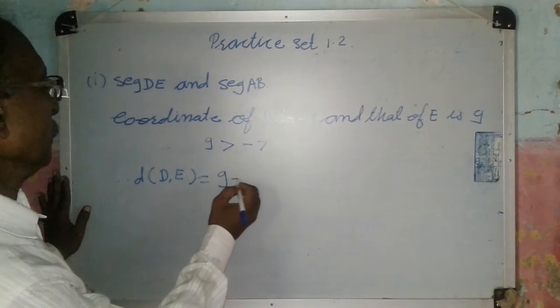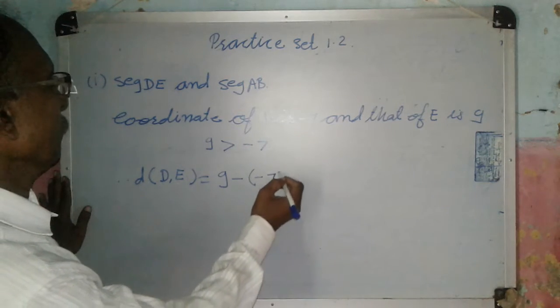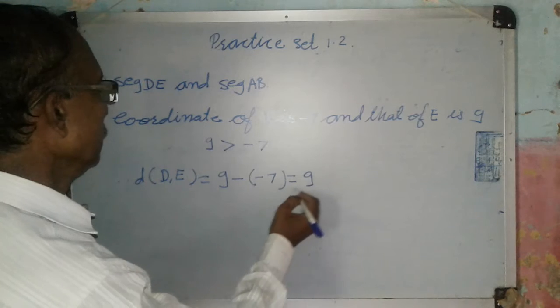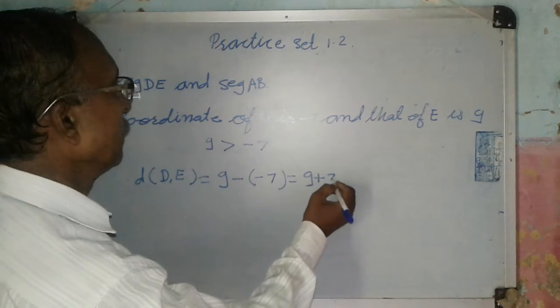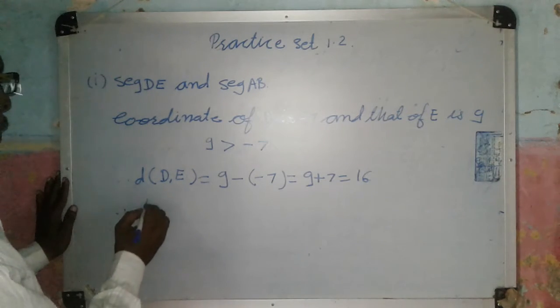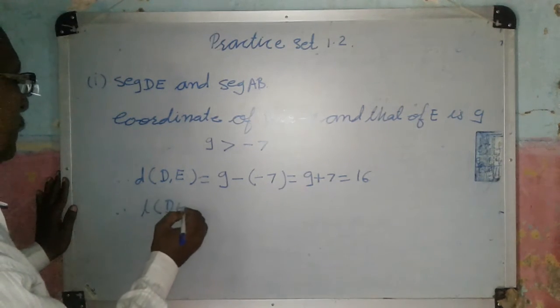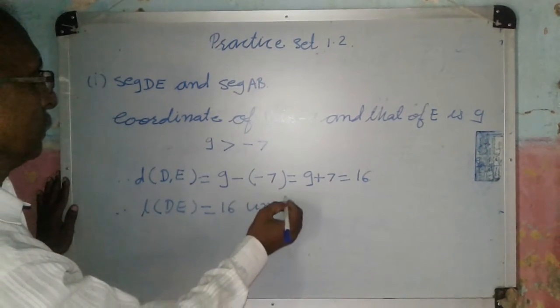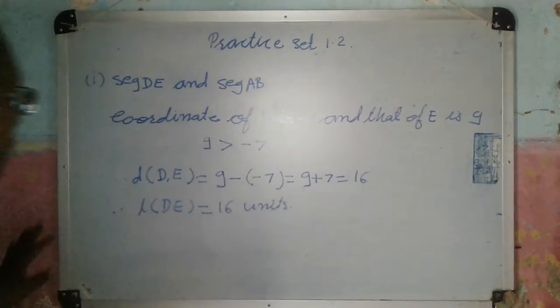That means 9 minus (-7), which is 9 plus 7. That means length of DE is equal to 16 units.